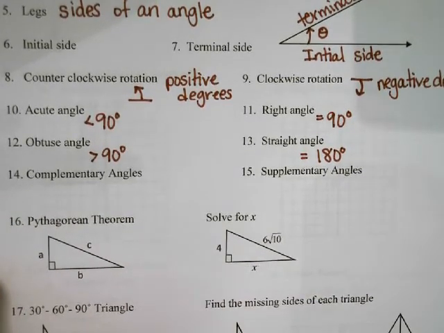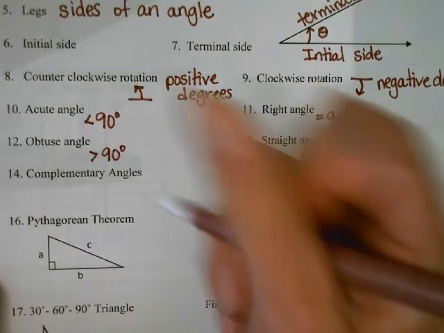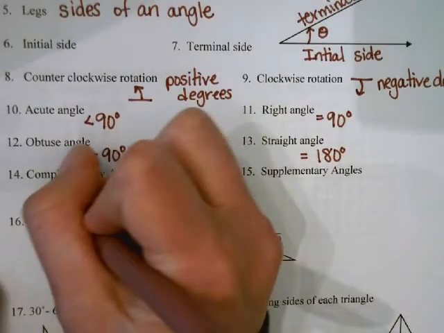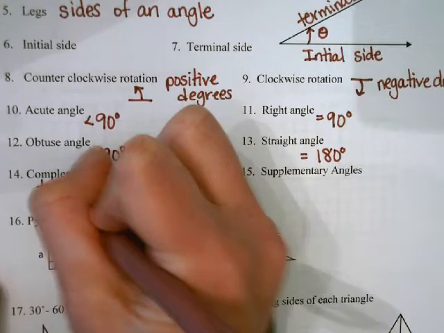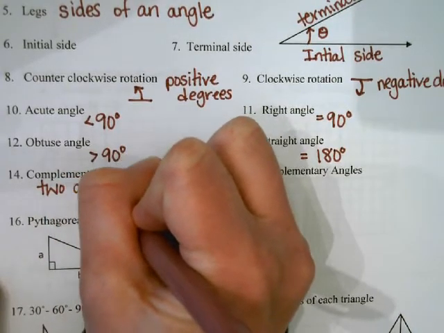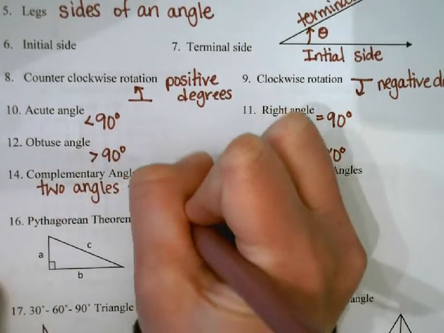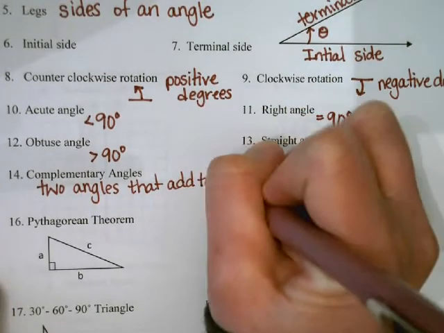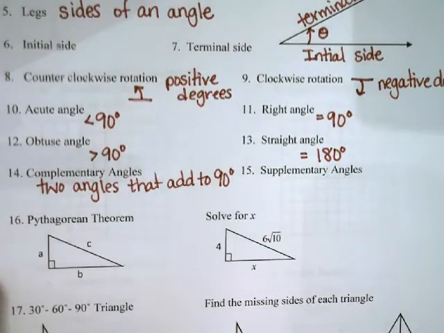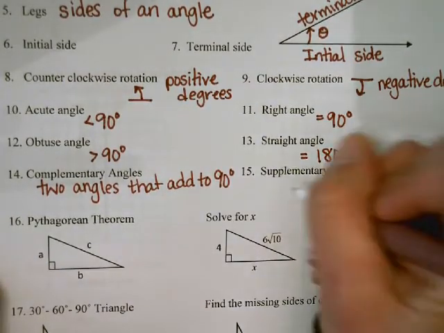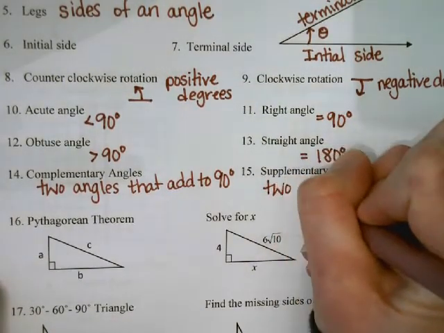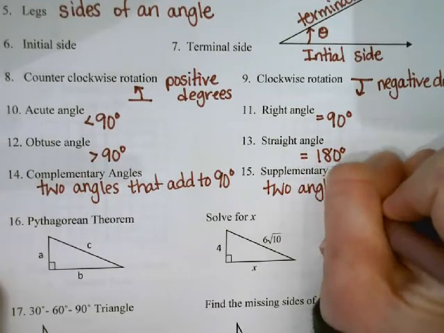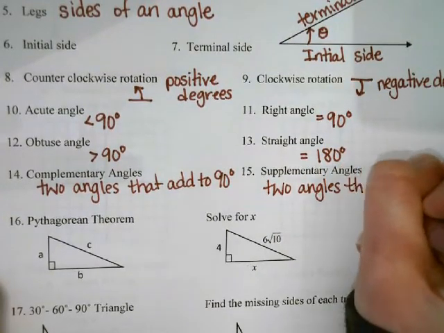Complementary angles are two angles that add up to 90 degrees. And supplementary angles are two angles that add up to 180 degrees.